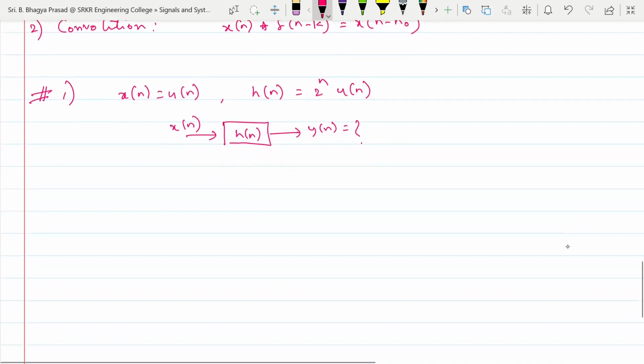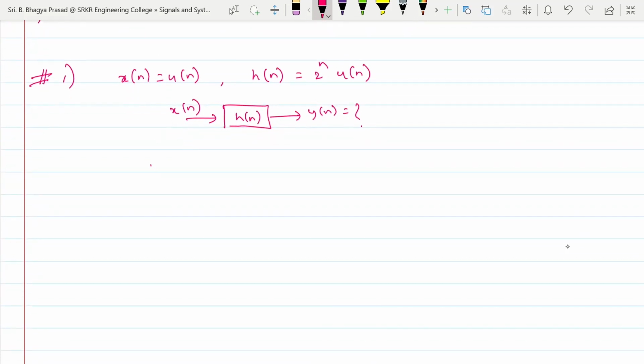As you know, y[n] equals the summation over k from minus infinity to infinity of x[k] h[n-k].